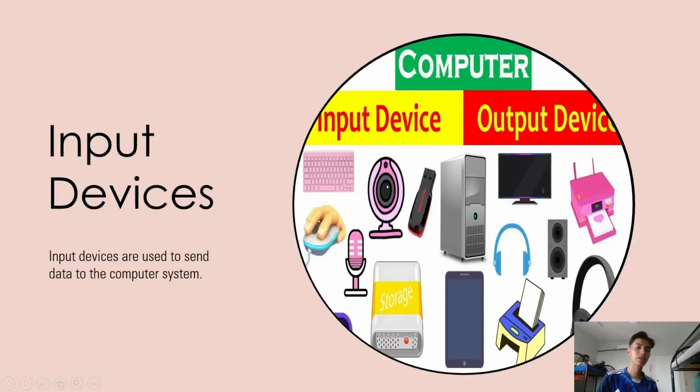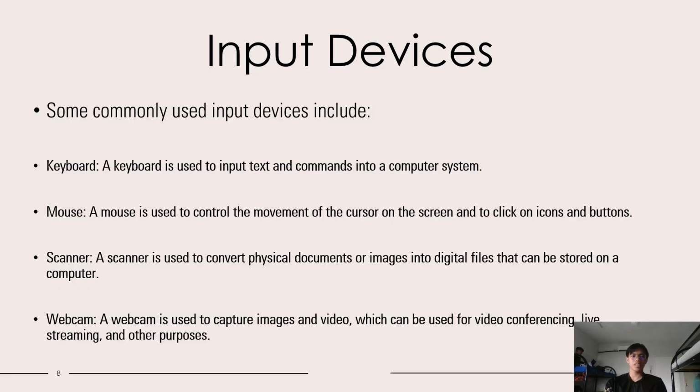These are some explanations about input devices. Some commonly used input devices include keyboard, mouse, scanner, and webcam. A keyboard is used to input text and commands into a computer system.